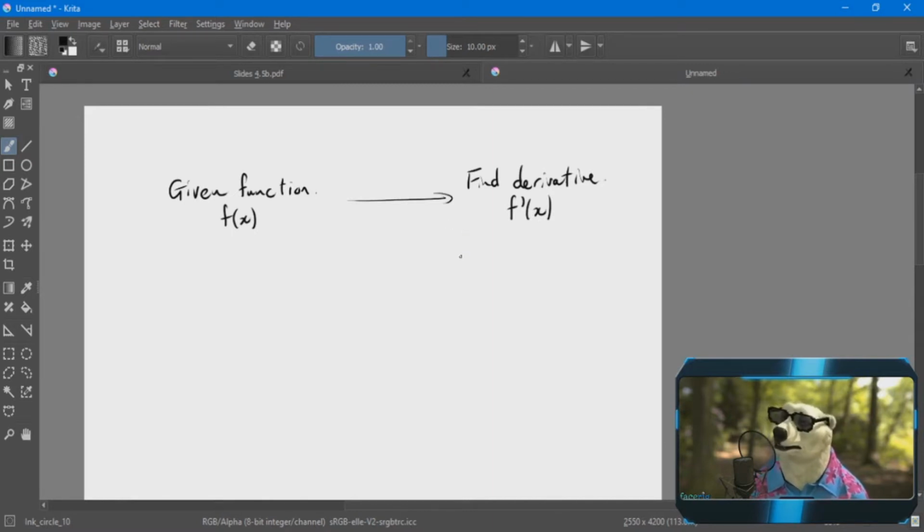What we could do is flip this around and change the question. Before we were doing this. Now we are essentially going to do the same thing, but we're going to do it backwards. We're going to be given some function.